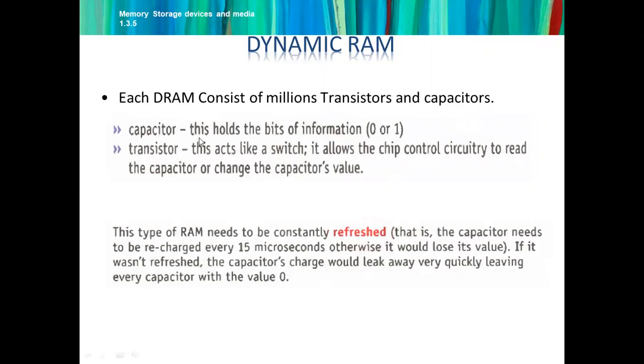The capacitor holds a bit of information, 0 or 1. The capacitor is going to hold whatever value you want to send to the computer, 1 or 0. So 1 or 0 means that we are storing bits, right? Most probably 8 capacitors are going to make a byte.